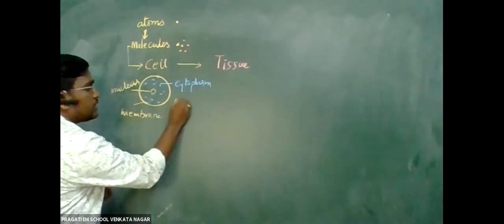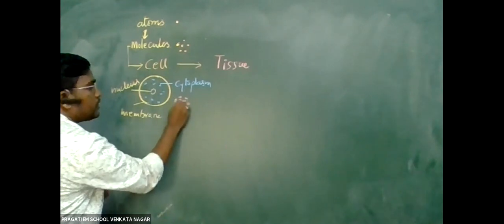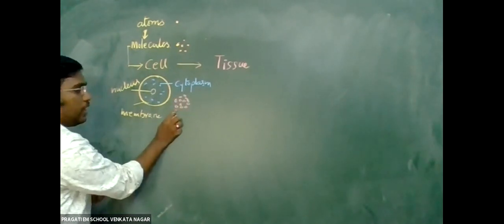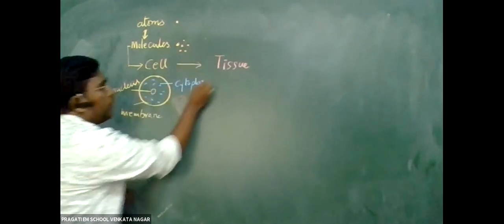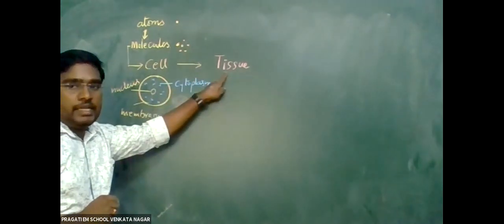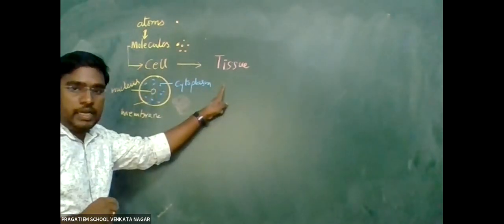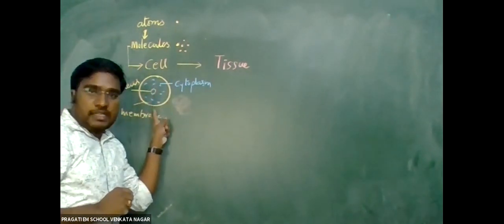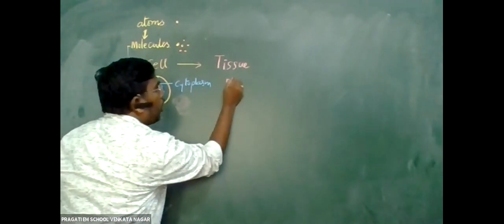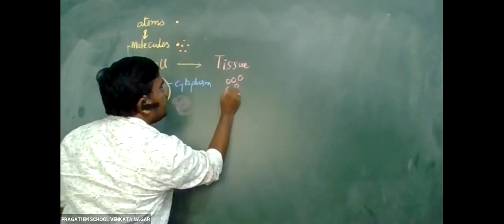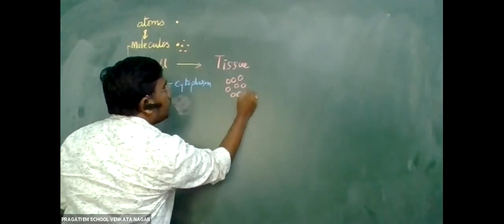These are the cells, minute structures I'm drawing here. This group of cells combines to form a tissue. So a tissue contains a group of cells.